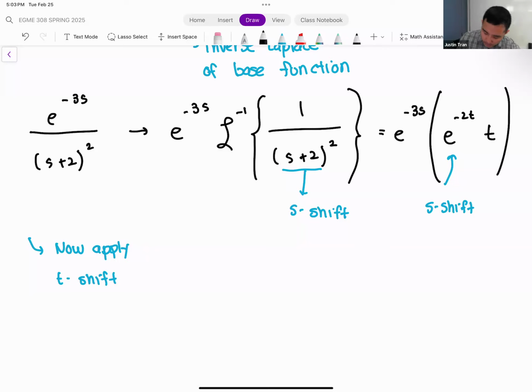That means we're going to have e to the minus 2 times t minus 3, multiplied by t minus 3. So t shows up twice here, both in the exponential as well as in front as t by itself. Then we're going to multiply this by the step function u of t minus 3.